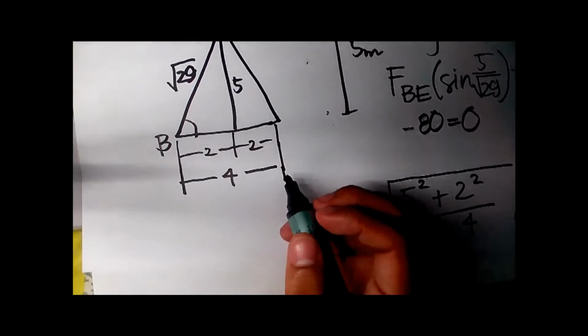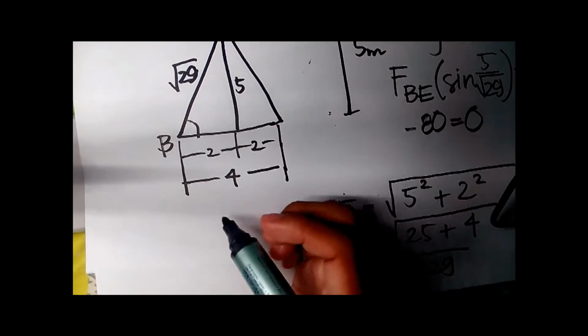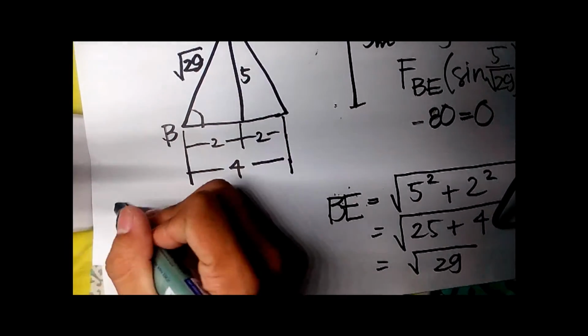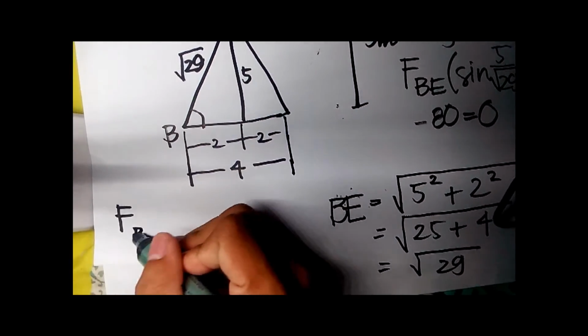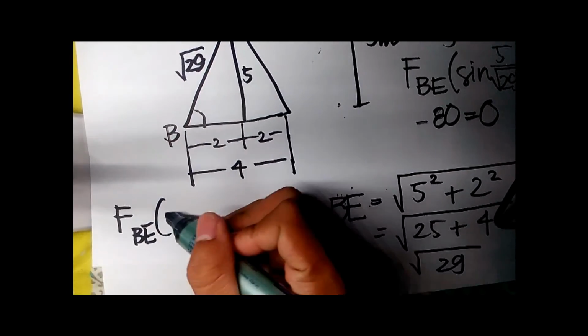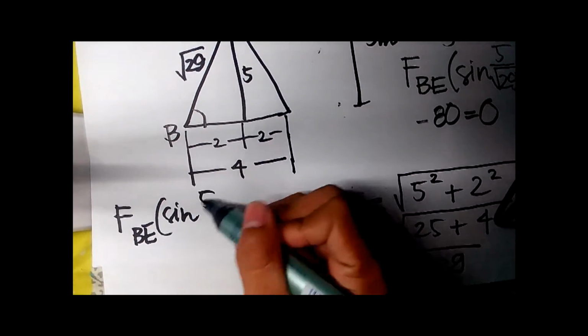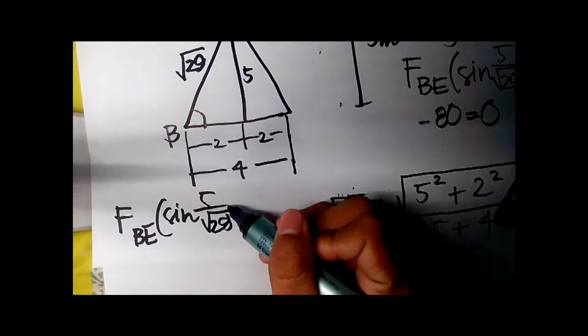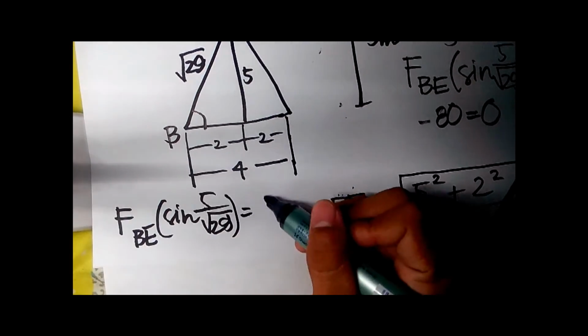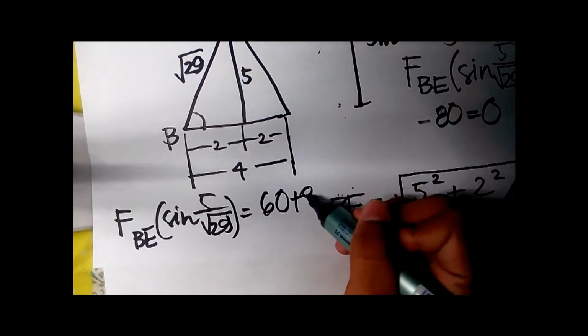By manipulating the equation, FBE times sine, 5 over square root of 29, is equal to 60 plus 80.